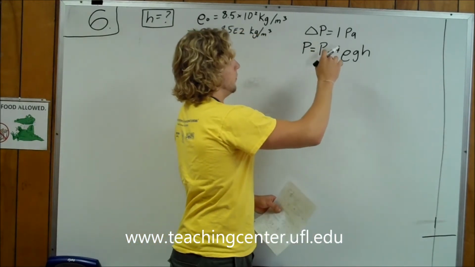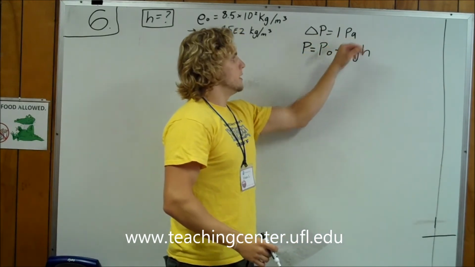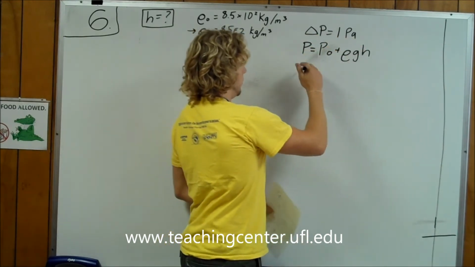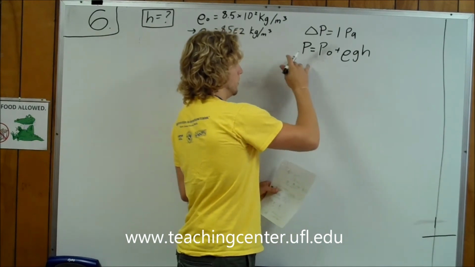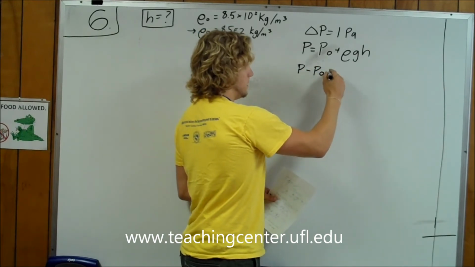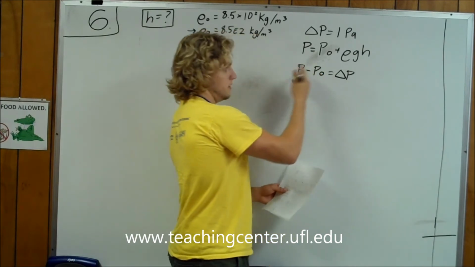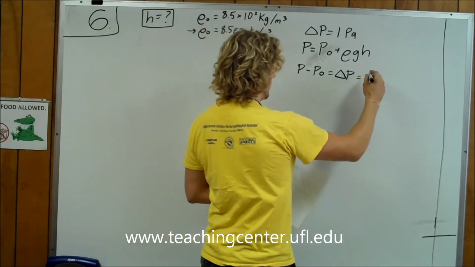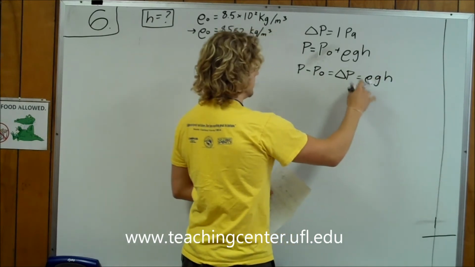Now, we know that delta P, the change in pressure, is equal to 1 pascal. So, if we bring pressure naught over, we get P minus P naught, which is equal to delta P, which is then equal to rho GH.